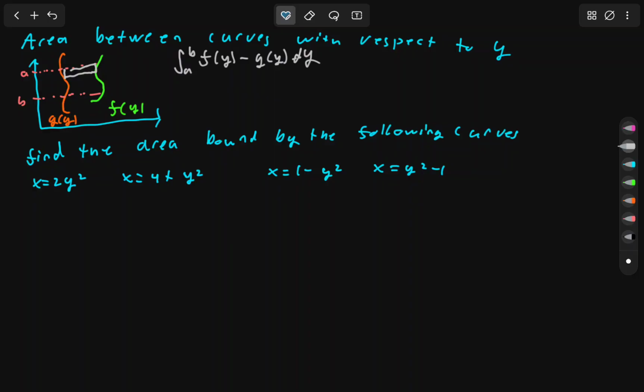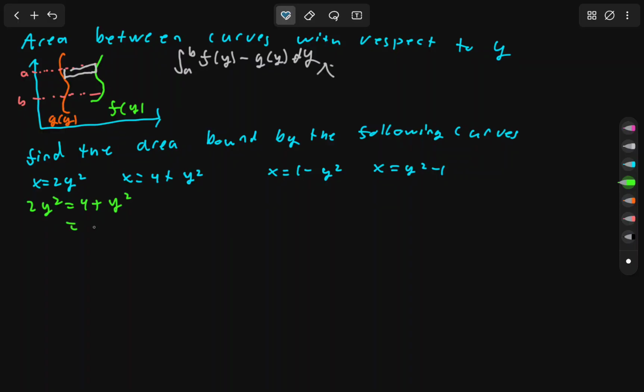Now we want to use this to find the area bound by the following curves. So we have x is equal to 2y squared, and x is equal to 4 plus y squared. We start by setting these curves equal to each other so we can find the zeros. So 2y squared is equal to 4 plus y squared.